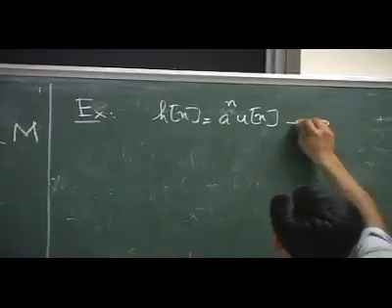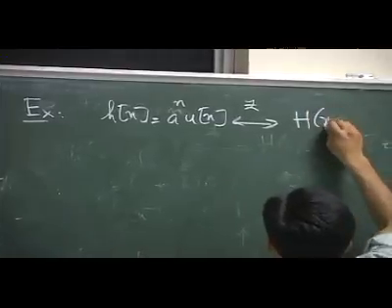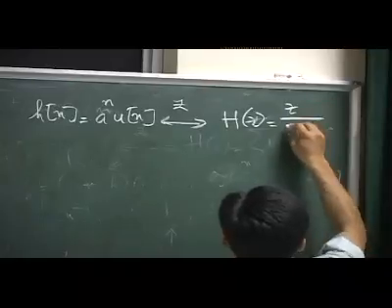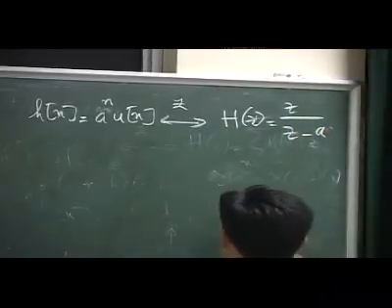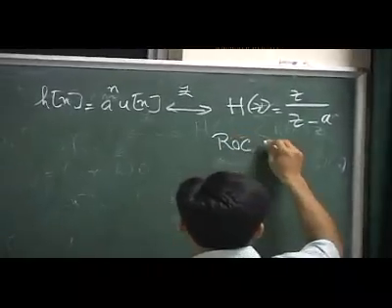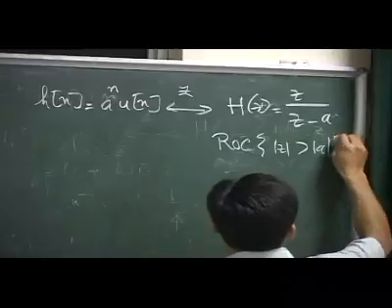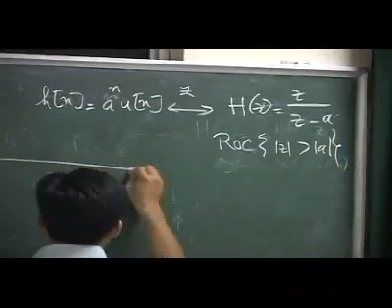We can use the Z transform, and we know that H(z) is equal to z over z minus a. I did that early on, where the ROC is |z| bigger than |a|.